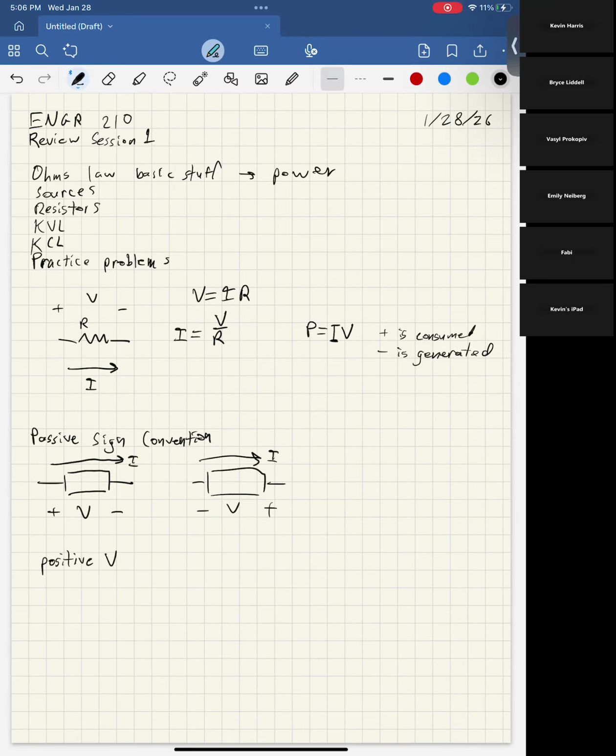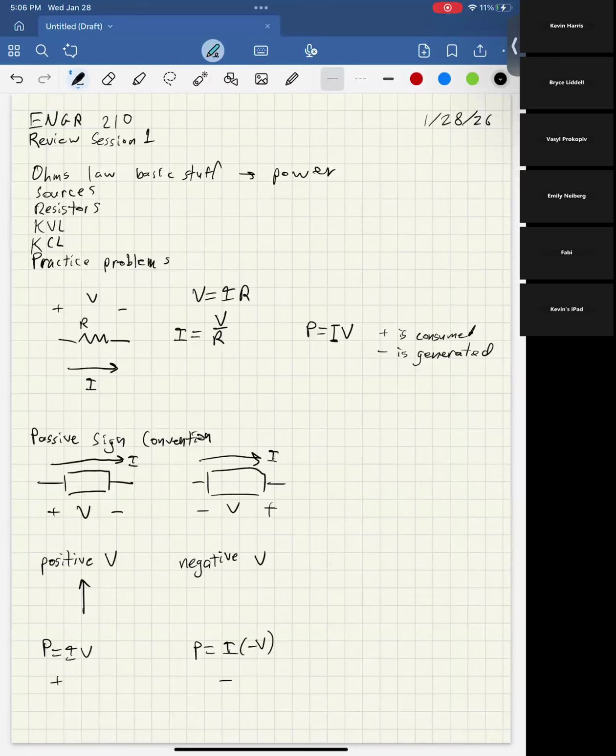And if there's a voltage rise in the direction of current, it's a negative voltage. This will come up again in a little bit when I talk about KVL and going around loops. But it also applies for power. When you're calculating power, you can always think of current as positive in this case. Here it would be power equals I times V, and that's going to be positive. Here it would be P equals I times negative V, and that would be negative.